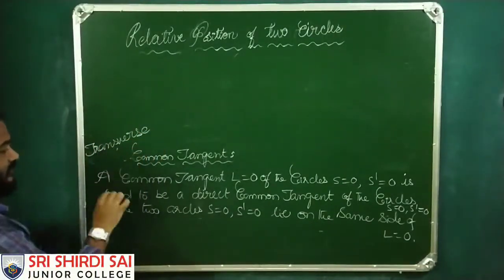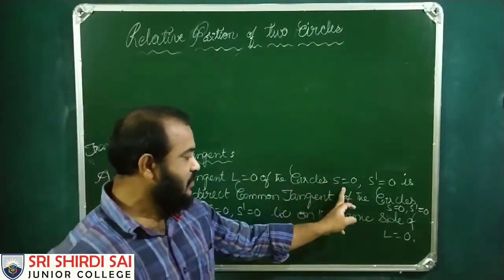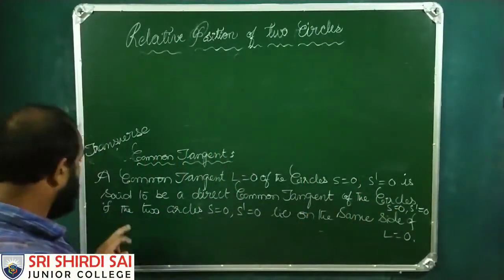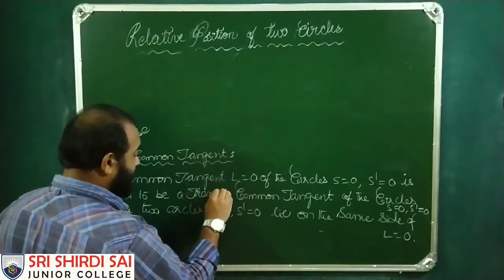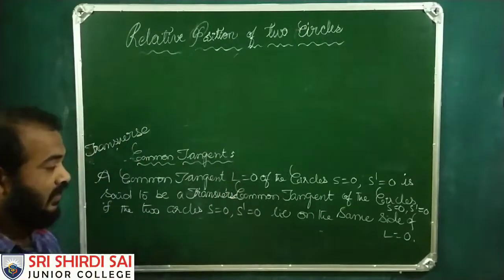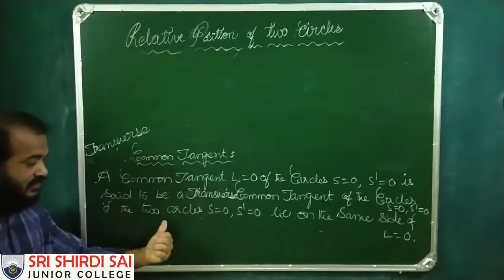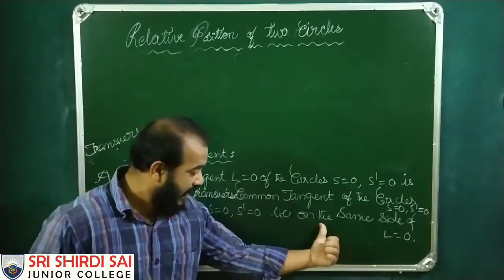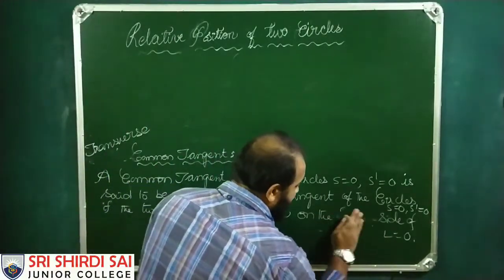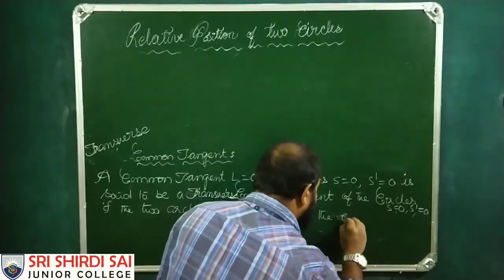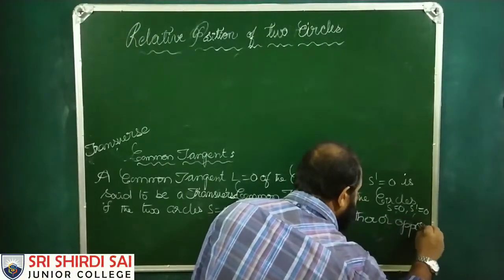A common tangent L equals 0 of the circles S equals 0 and S dash equals 0 is said to be a transverse common tangent of the circles if the two circles, unlike a direct common tangent where they lie on the same side, lie on either side, or opposite sides, of L equals 0.